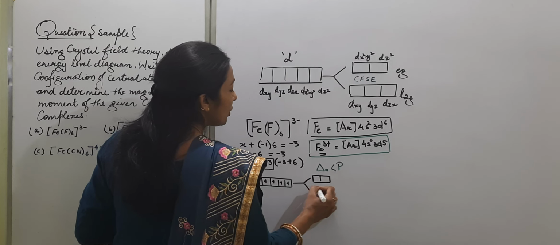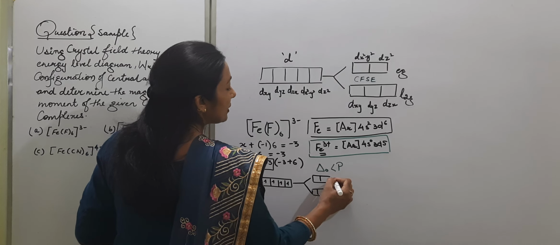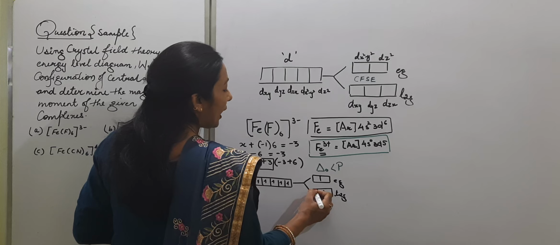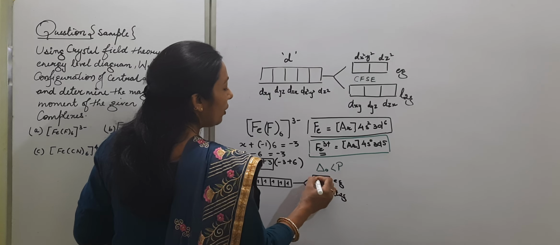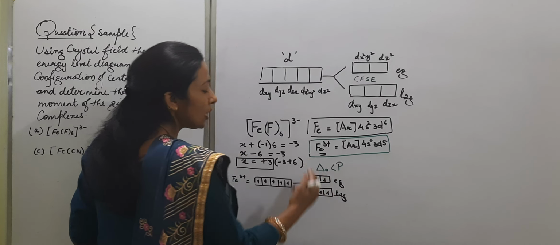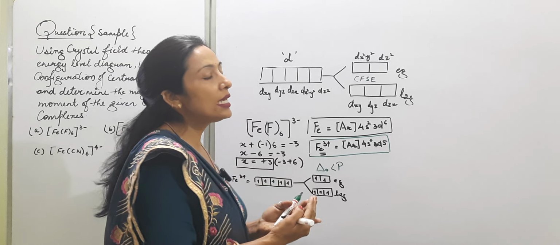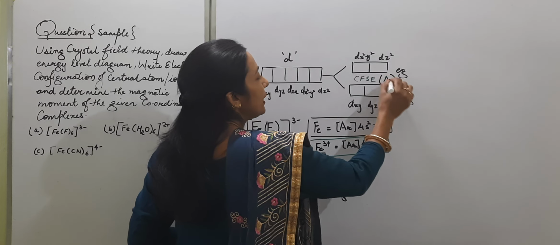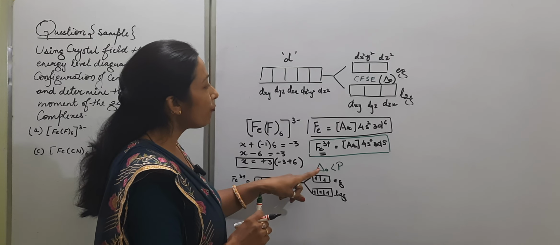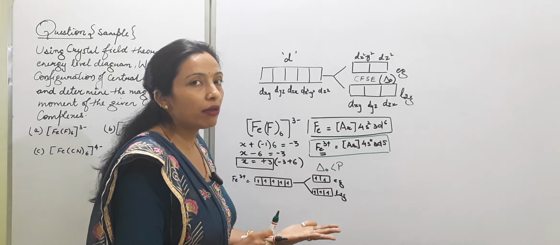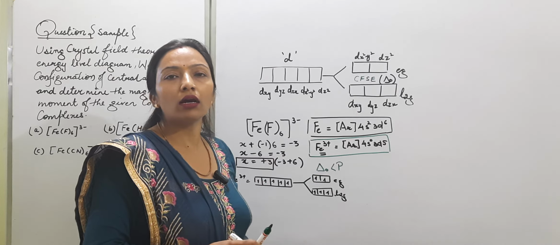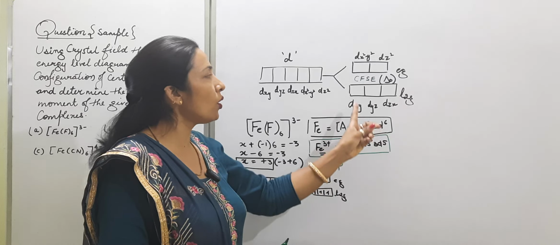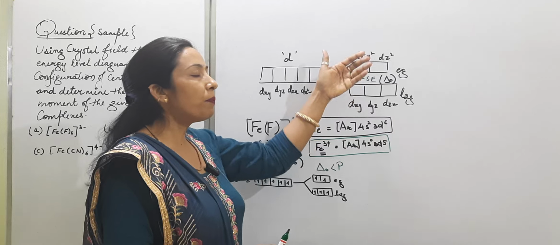For this energy level, this is T2G and this one is EG, and a single electron will be available because the energy gap, that is CFSE, we represent with delta naught. That is crystal field splitting energy, and P is the pairing. Pairing will not occur as the energy gap is not that much, so the electron can go up easily.